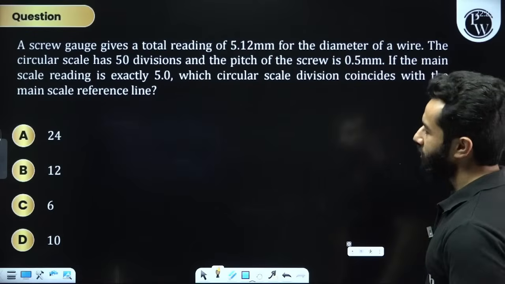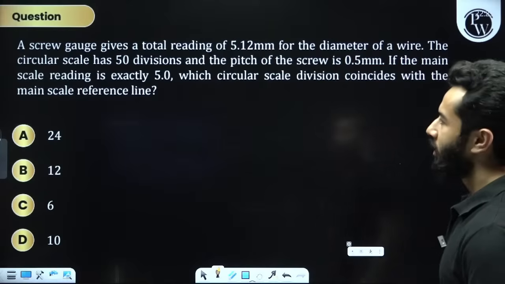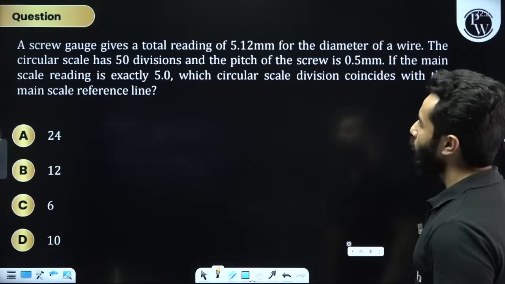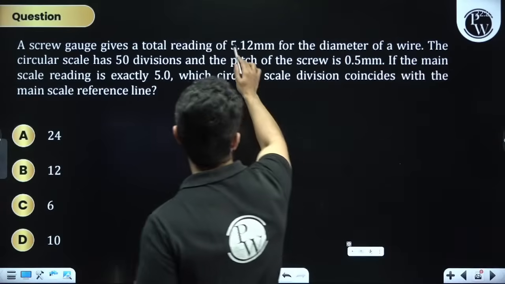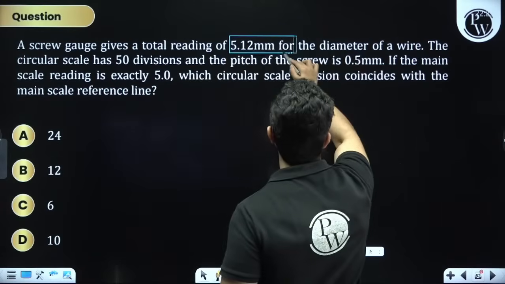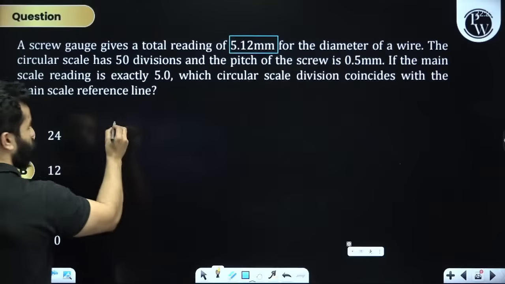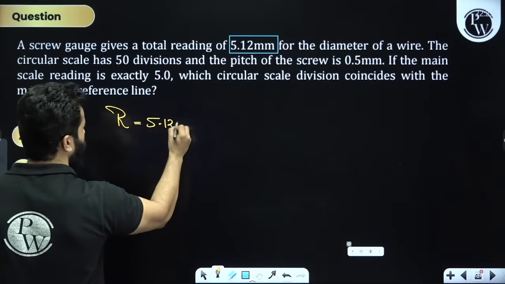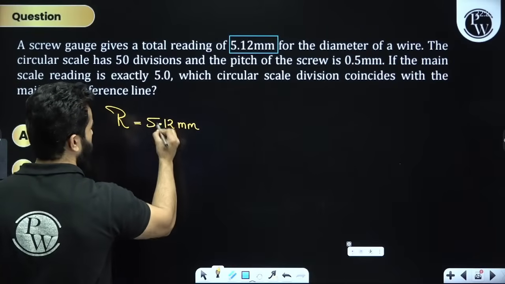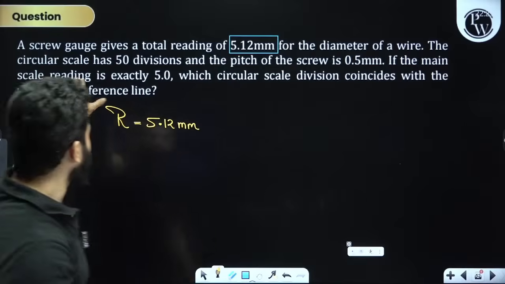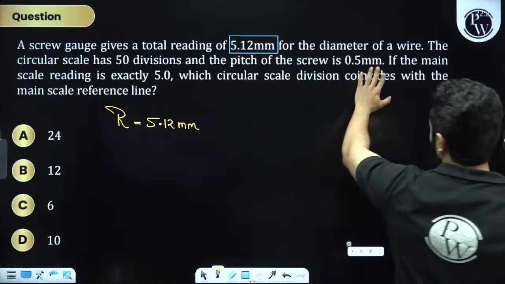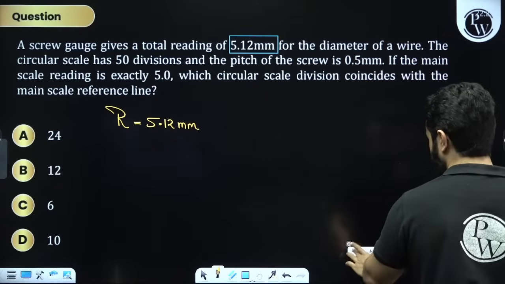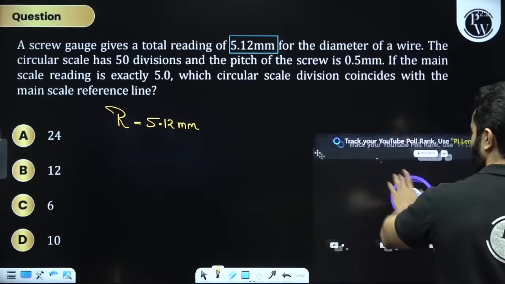Next, one more question, just one more question on screw gauge. A screw gauge gives total reading of 5.12 millimeters. So this is the final reading. Then they are saying the circular scale has 50 divisions, pitch is 0.5, main scale reading is 5, and you need to find out the circular scale division. 45 seconds, let's start.